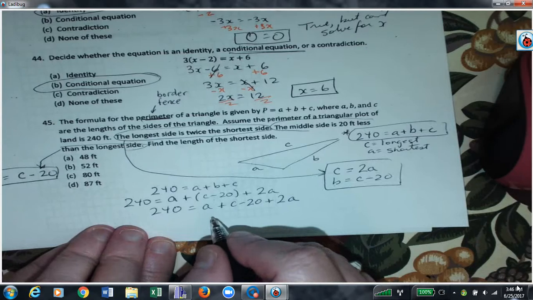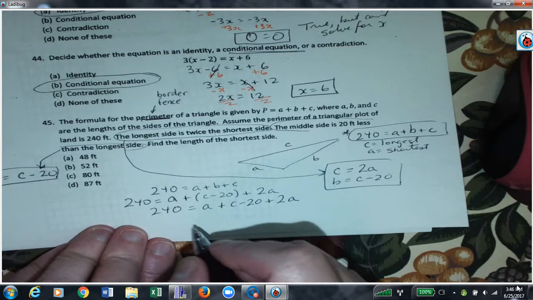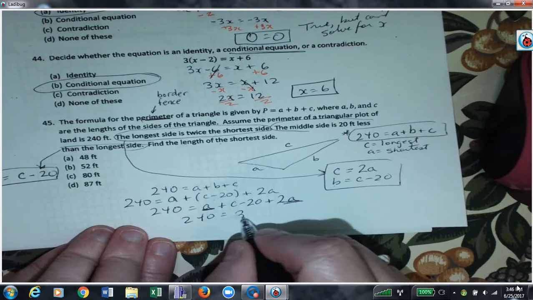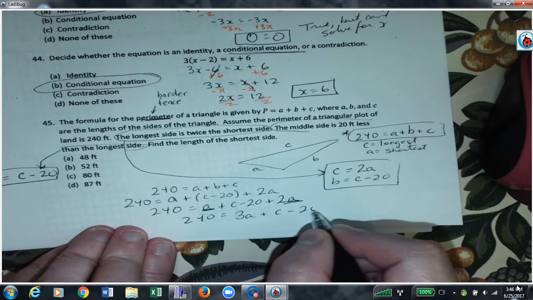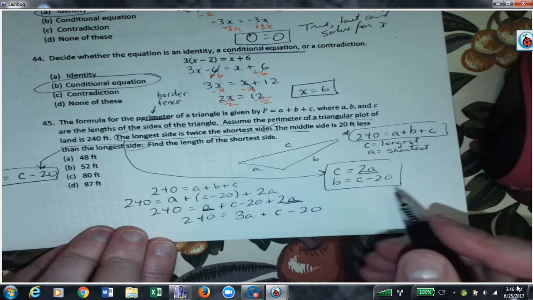So I have 240 equals, well, A plus 2A is 3A plus C minus 20. But don't forget, I can use this again. C is equal to 2A.